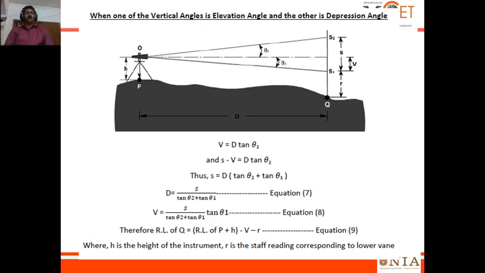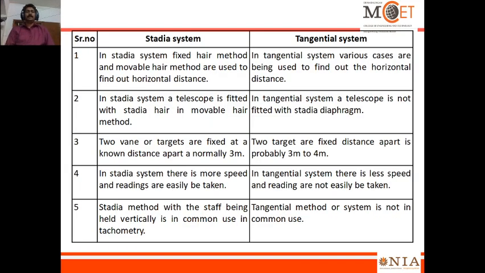If it is not possible, the theodolite we have seen in the third unit, that is the trigonometrical leveling principle, is the only solution where the base is not accessible, right? So these are the differences you have to remember: the stadia method and the tangential method difference.